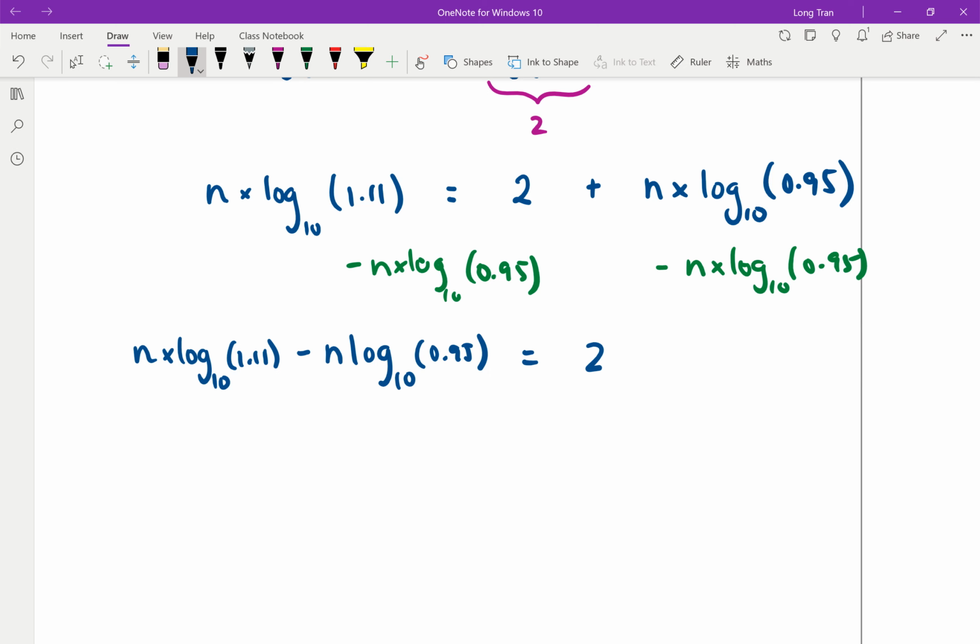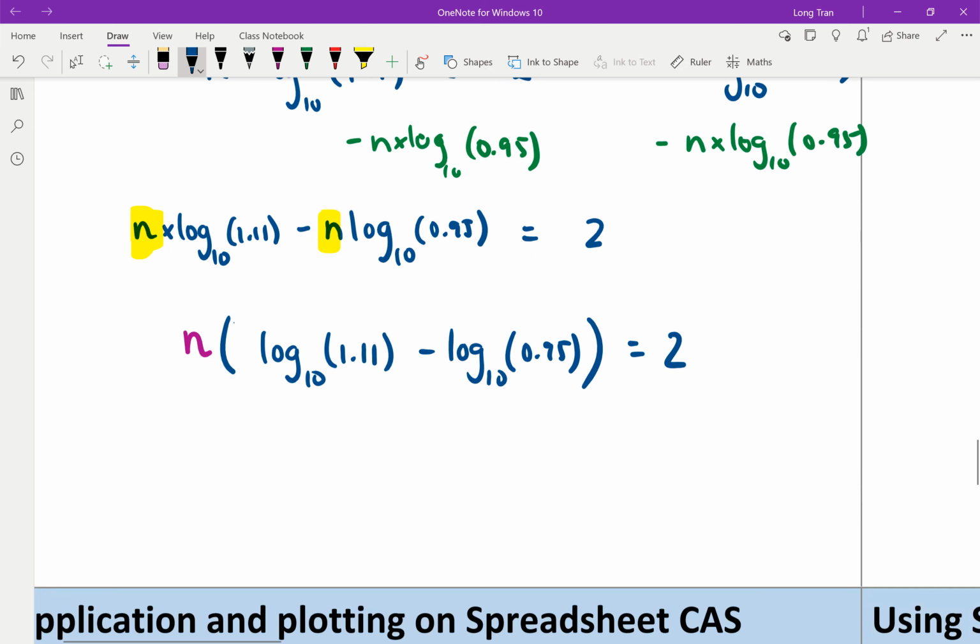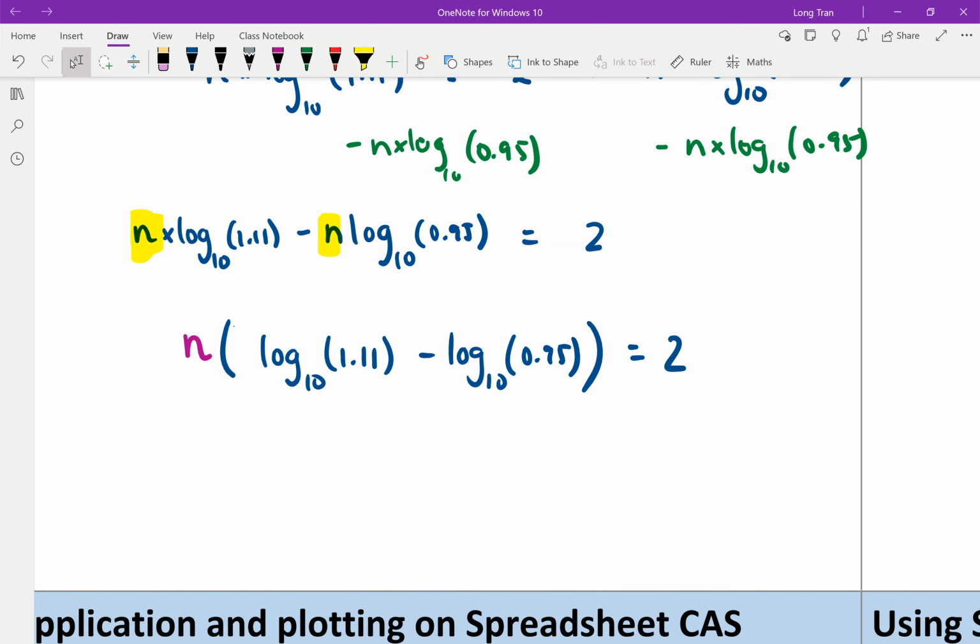Okay, and you can see here that they both have a common factor of n. So you can take out n as a common factor, and you get n times log 10 of 1.11 minus log 10 of 0.95 is equal to 2, and yeah, you can probably just divide them now.